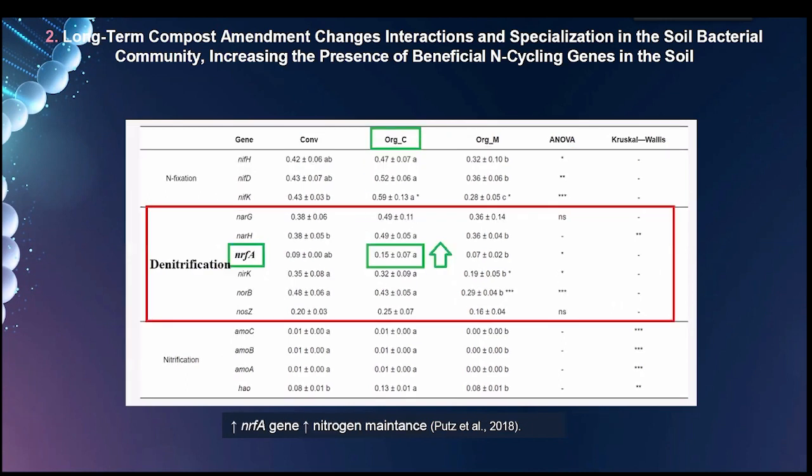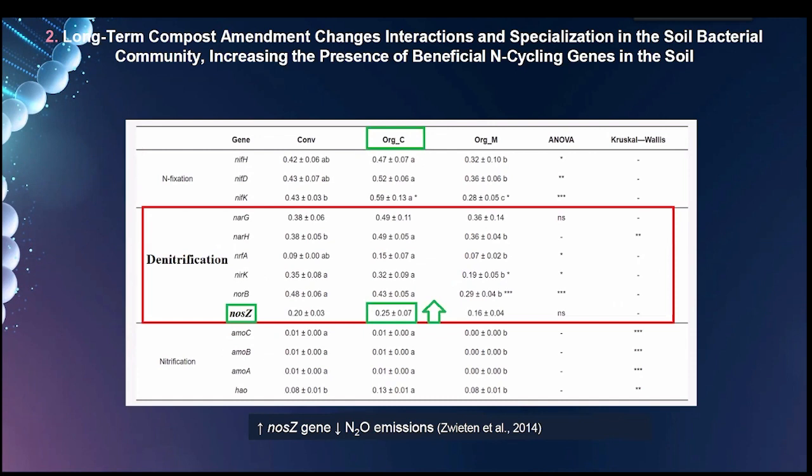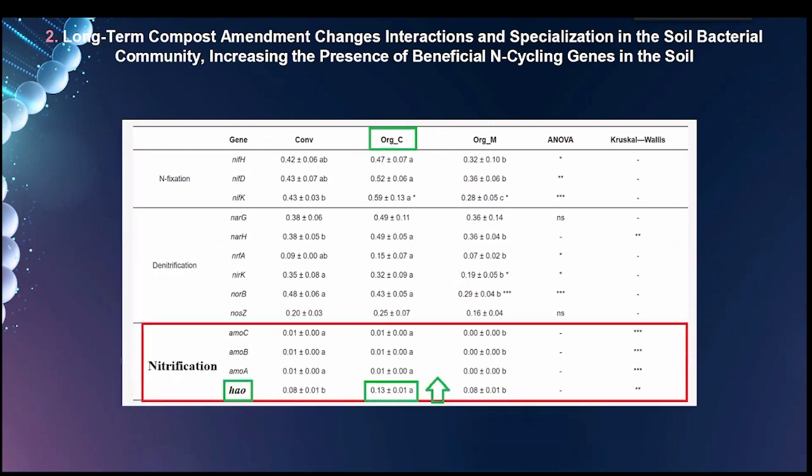In the nitrification pathway, we found also the rnfE gene, and the nosZ gene was also increased when the compost was added to the soil. And in the last one, we found, for example, how in the nitrification pathway we had a higher content of the hao gene in the cropping system with compost.